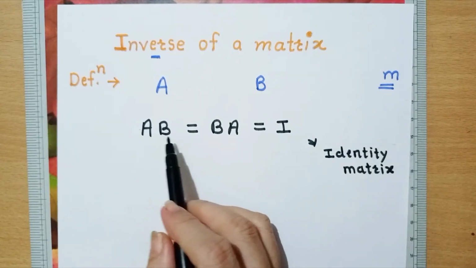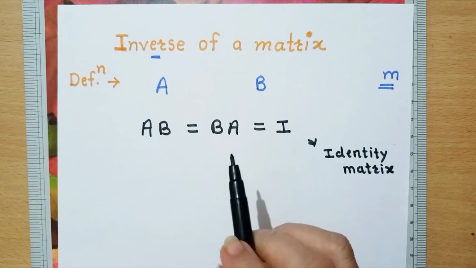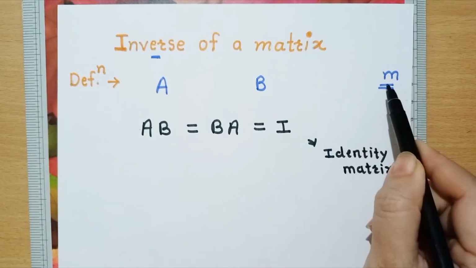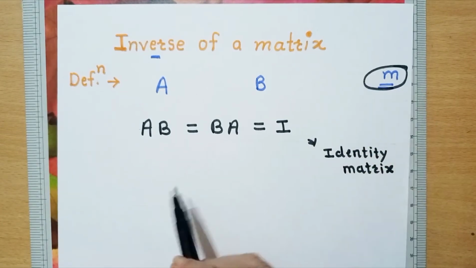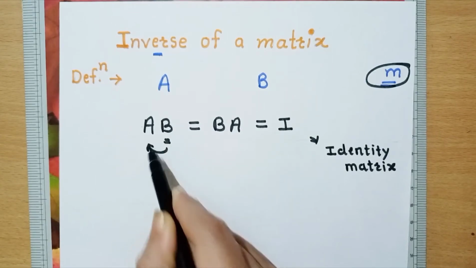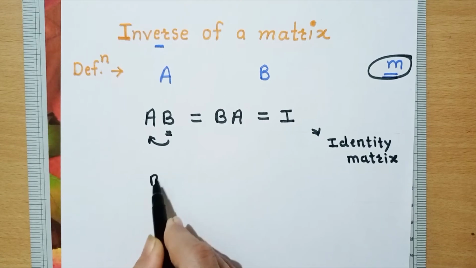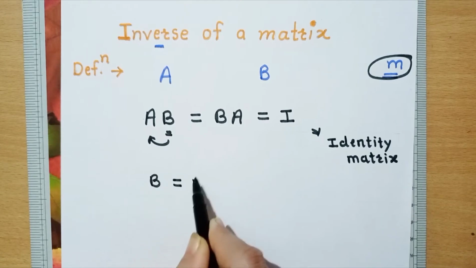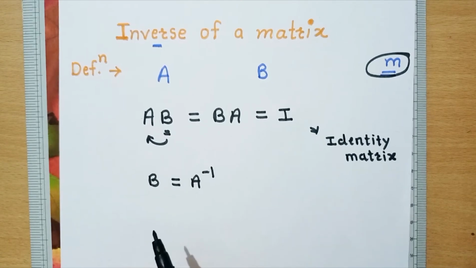If the product of these two matrices is the identity matrix of the same order m, then we can say that B is the inverse of A, and it is denoted by B equals A inverse.